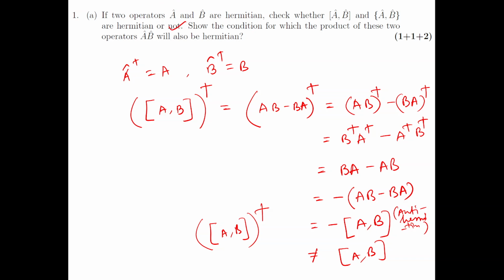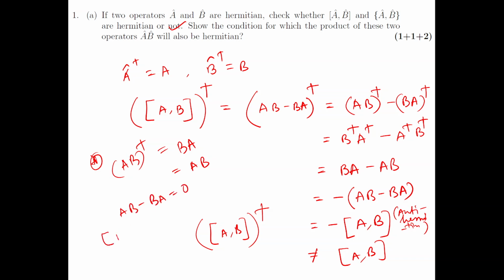Now they have asked for the condition for which the product AB will also be Hermitian. That is also very straightforward. (AB) dagger is actually BA. So this will be Hermitian only if BA is equal to AB, which is nothing but AB minus BA is 0.